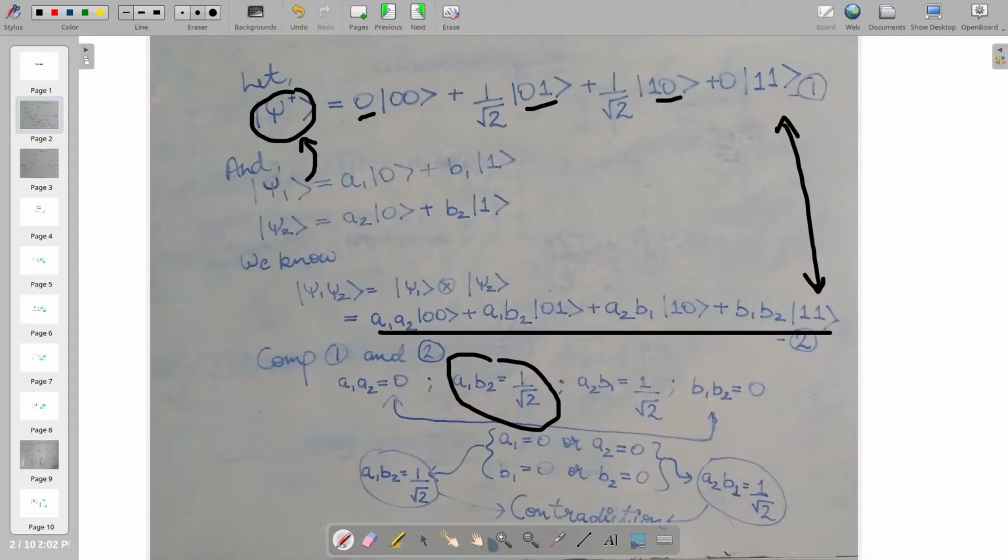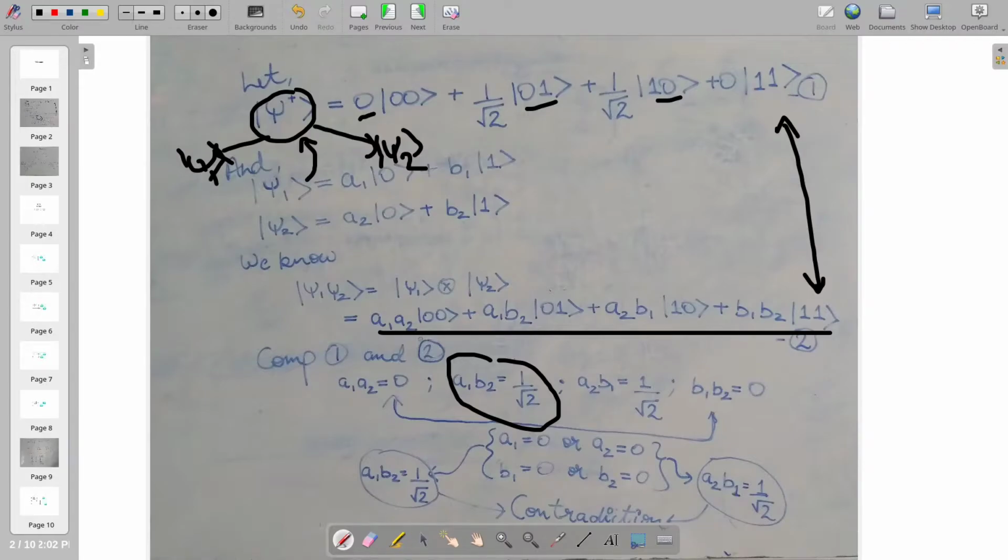What we can conclude from this contradiction is that for this given state, there is no possible way of disintegrating or differentiating this omega plus into omega 1 and omega 2, which are its original qubits. That is, these qubits do not exist independently and are dependent on each other for this given state to exist.